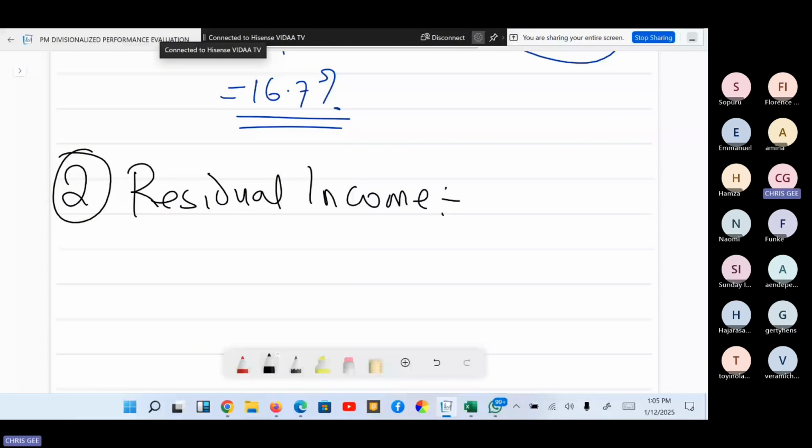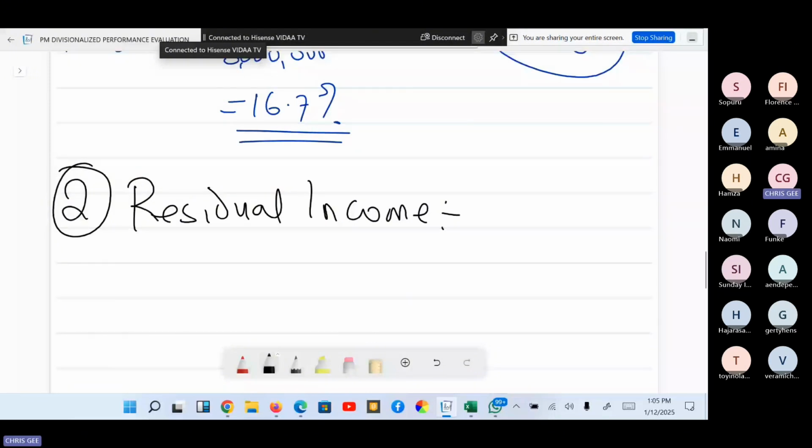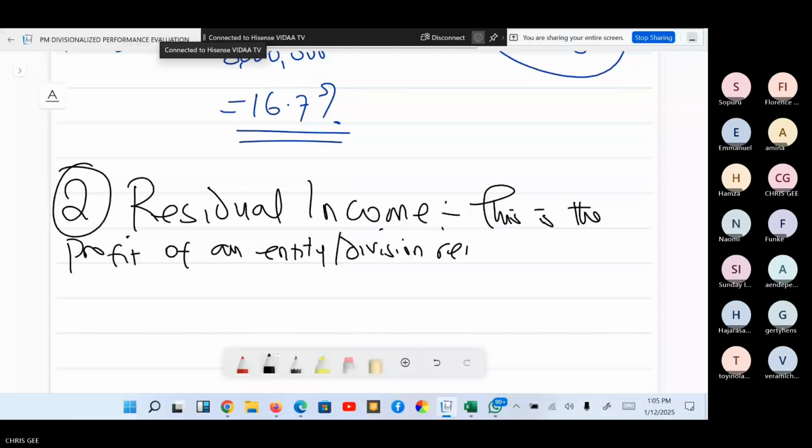The word residual, what does it mean? Residual income is the profit of an entity or division remaining after deducting imputed costs.